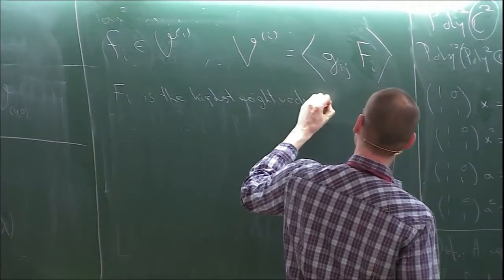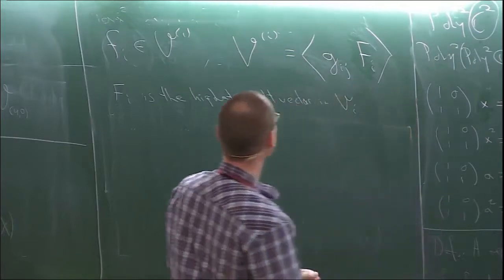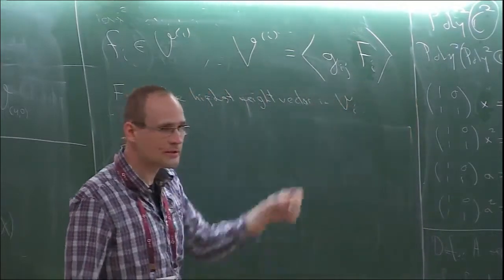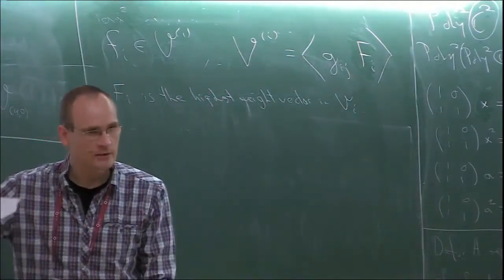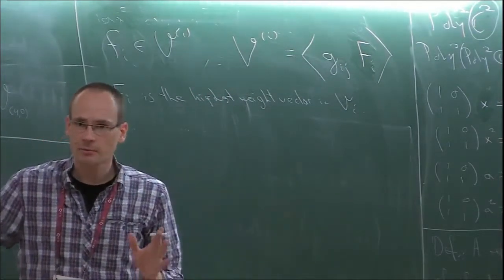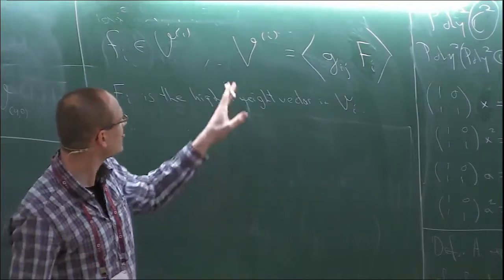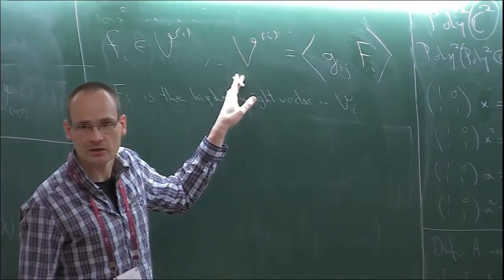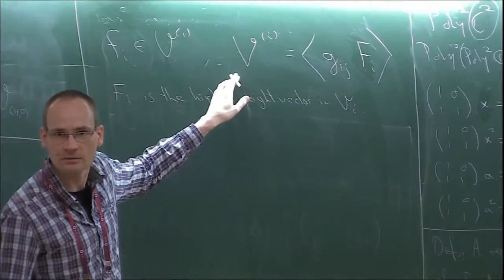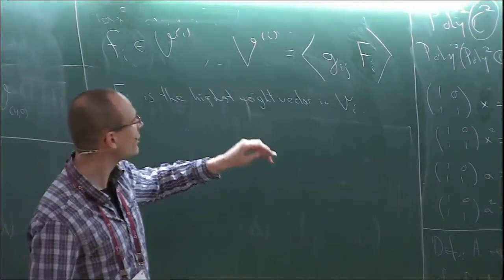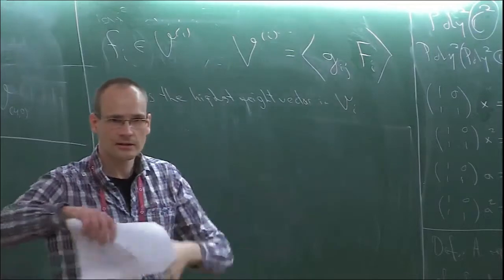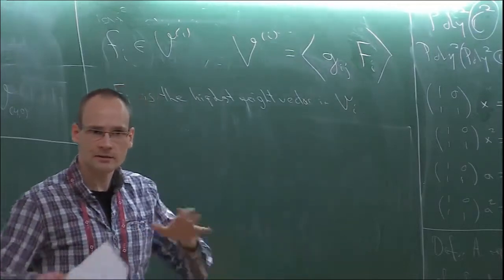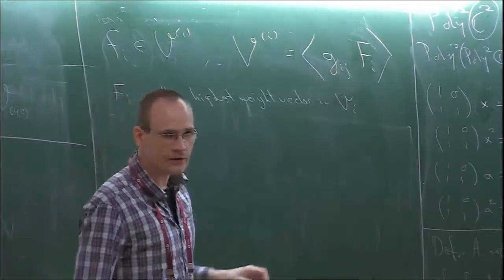If you take the highest weight vector, apply all the different matrices to it and take the linear span, that's a representation for sure. But since Vi was irreducible, it must be the whole representation. It cannot be a sub-representation. So you get every vector by applying some matrix to your highest weight vector and taking the span.